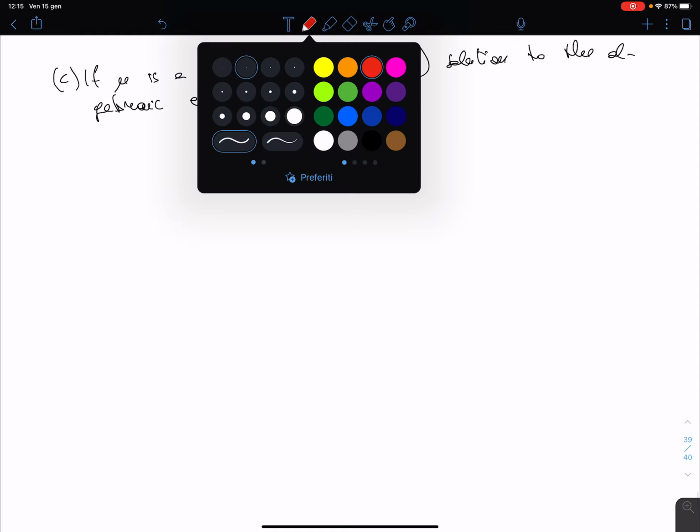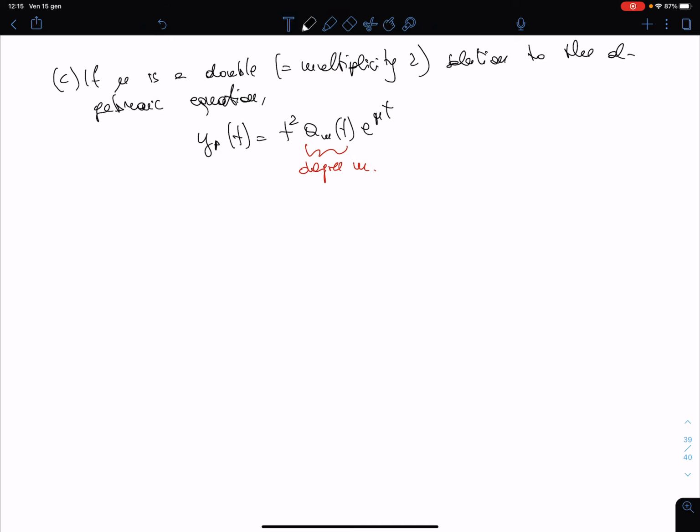Here you have to put t squared in correspondence of a double solution. Then we go to the second case.